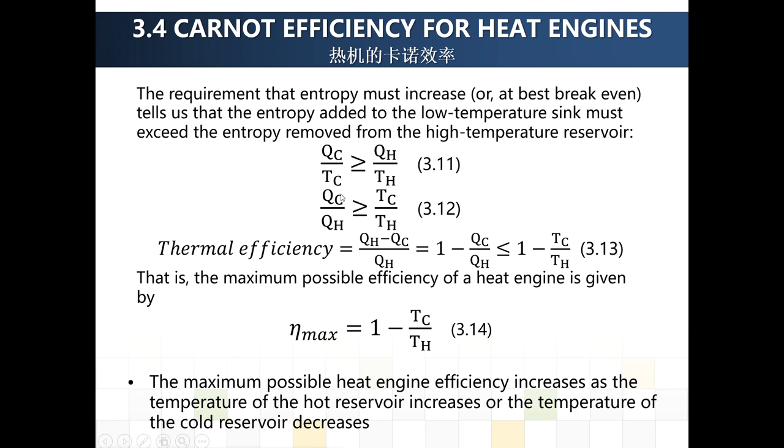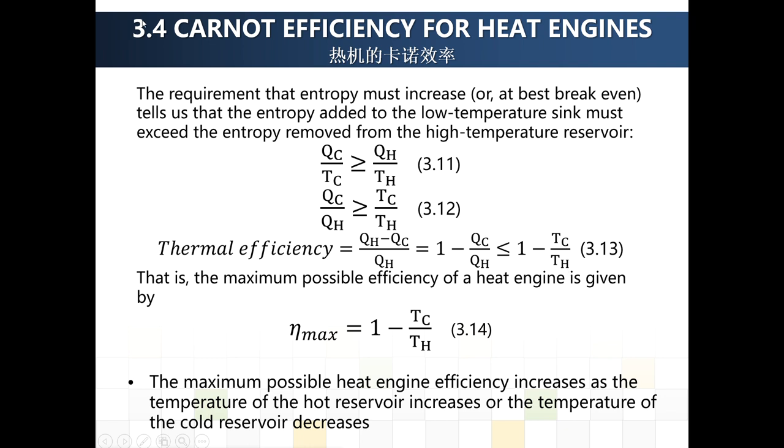Therefore, since TC and TH are positive values, QC divided by QH will be above TC divided by TH. Remember, the heat engine thermal efficiency is equal to 1 minus QC divided by QH. Since QC divided by QH is more than TC divided by TH, this value will be less than 1 minus TC divided by TH.